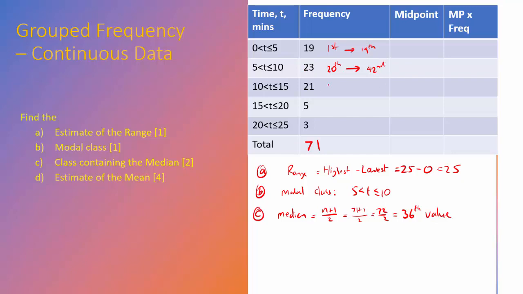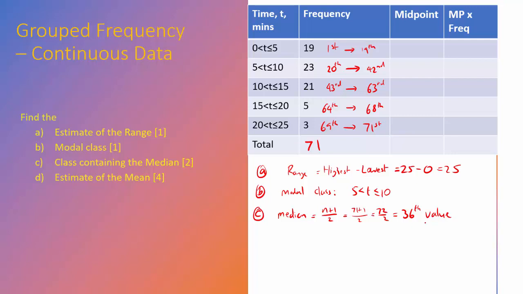The 43rd person is in this one, all the way up to 42 add 21, which is the 63rd person. This one will be the 64th person, and 63 add 5 is 68. This one starts at the 69th person, and 68 add 3 is 71, so the 71st.